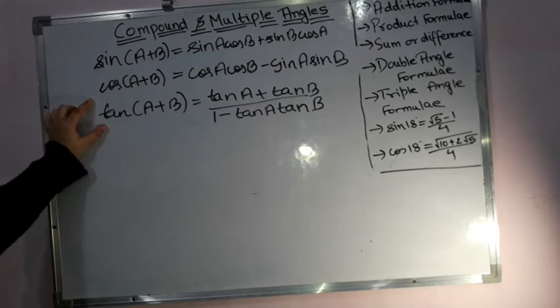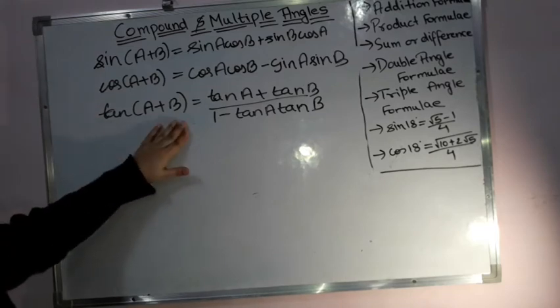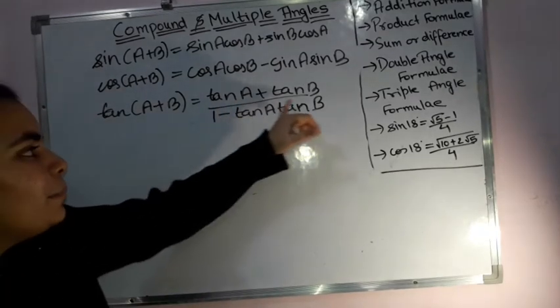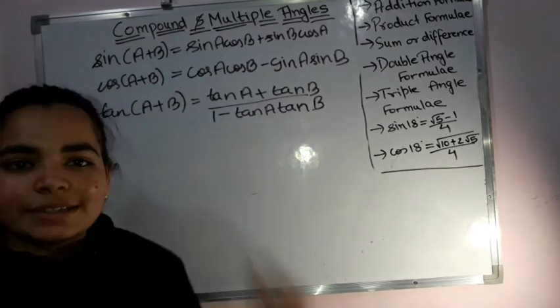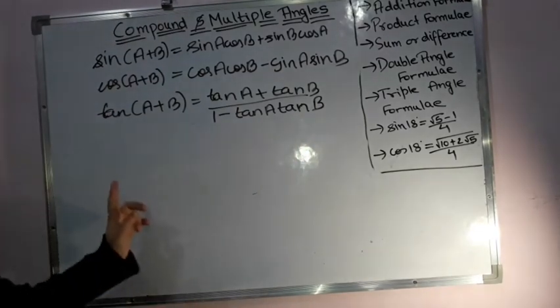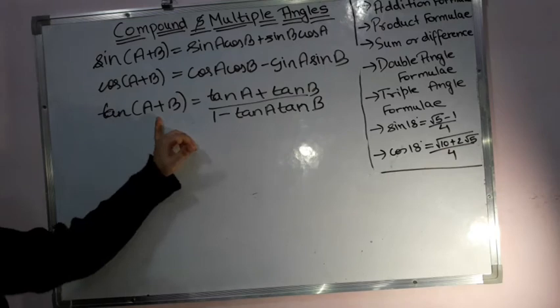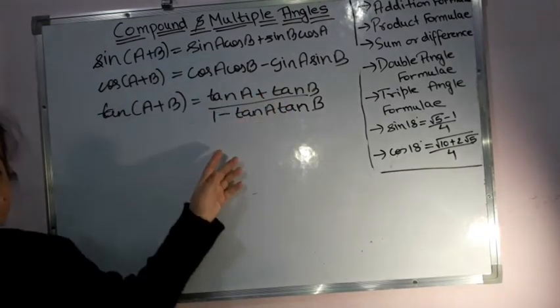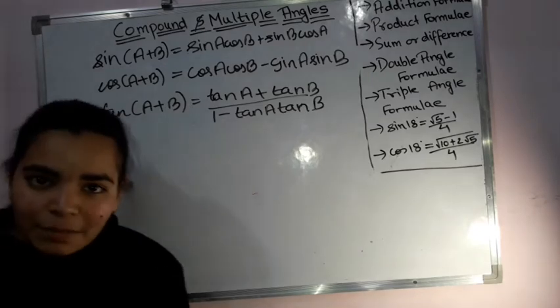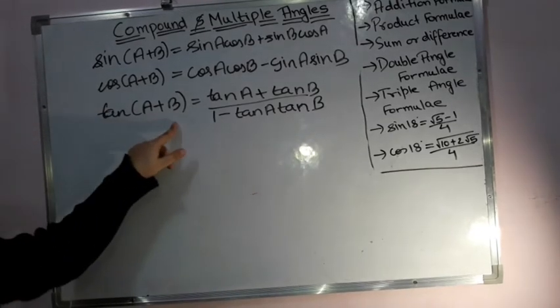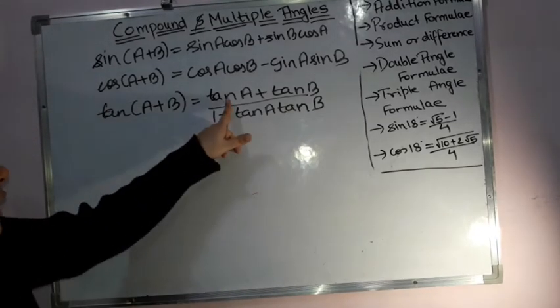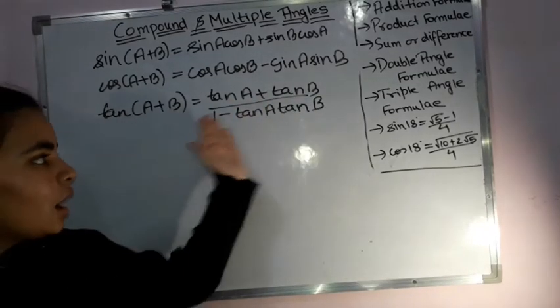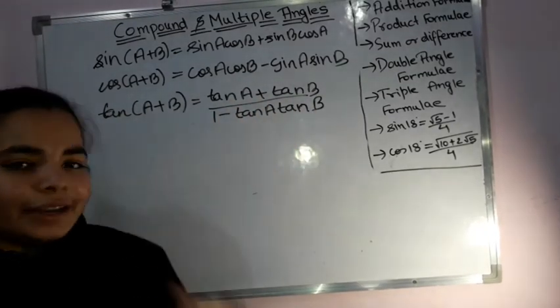After this, we have the third one, that is tan a plus b, and that is equal to tan a plus tan b upon 1 minus tan a tan b. Again, seeing the sign carefully, if it was plus, then in the numerator we were having a plus sign, and in the denominator we were having a negative sign. That means if I am having tan a minus b, I'll be having it as tan a minus tan b upon 1 plus tan a tan b.